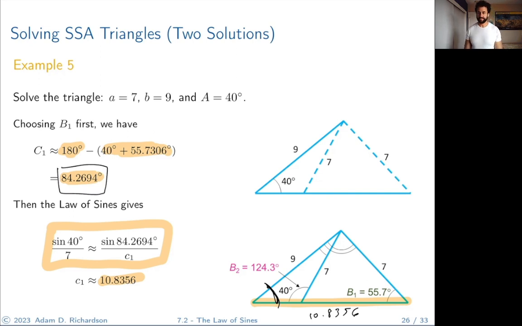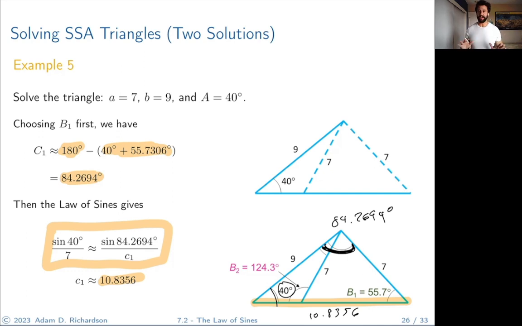Oh, another thing to keep in mind, these figures are not necessarily drawn to scale. Actually, hold on, I apologize. That is not the correct angle. That angle is 40 degrees. This angle is 84.2694 degrees.